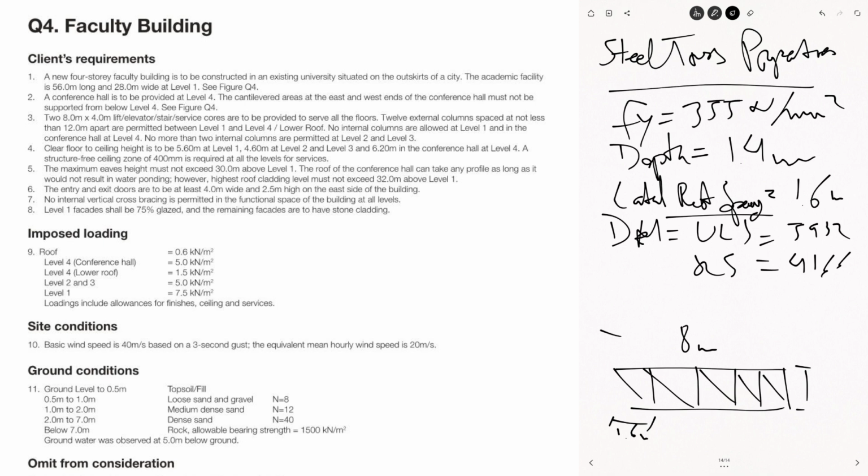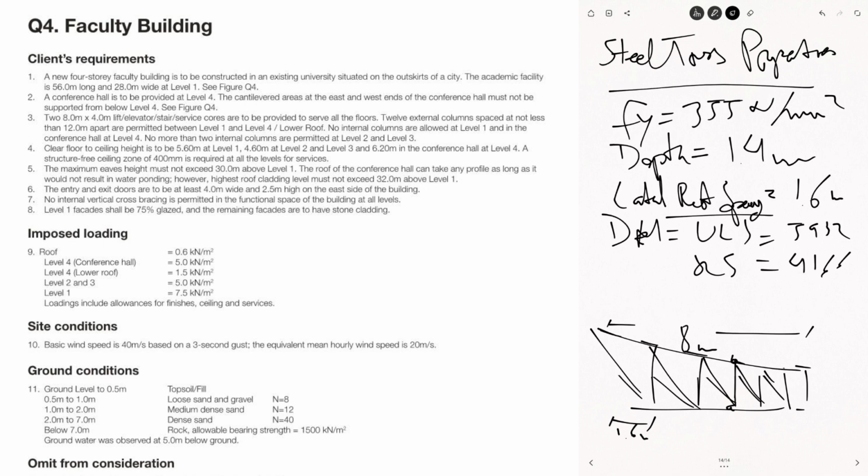Again, this goes like this. It's not really horizontal. It's like this. This is 8 meters though, and this is 1.6. So I got the lateral restraint for my top and bottom chords with all the elements that are going to be in compression, and then I'll be checking that they're okay on the buckling.